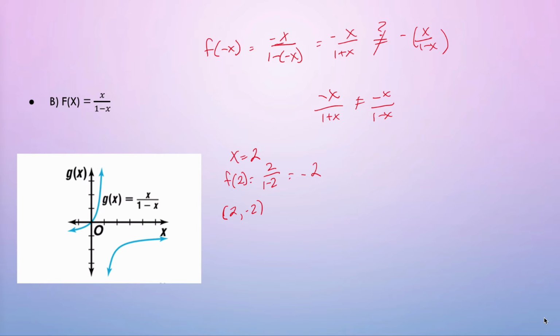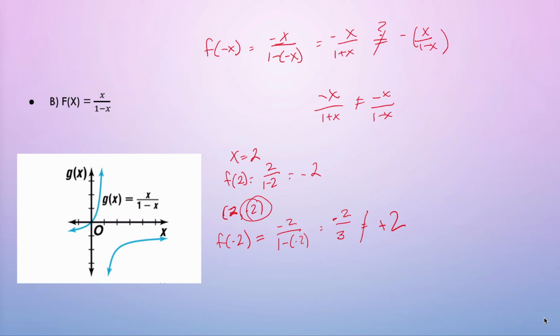Now, is it the case that if we make this first 2 negative, so f of -2 is going to be -2 over 1 minus -2, which is -2 over 3. Does that equal negative f of x, which would be a positive 2?